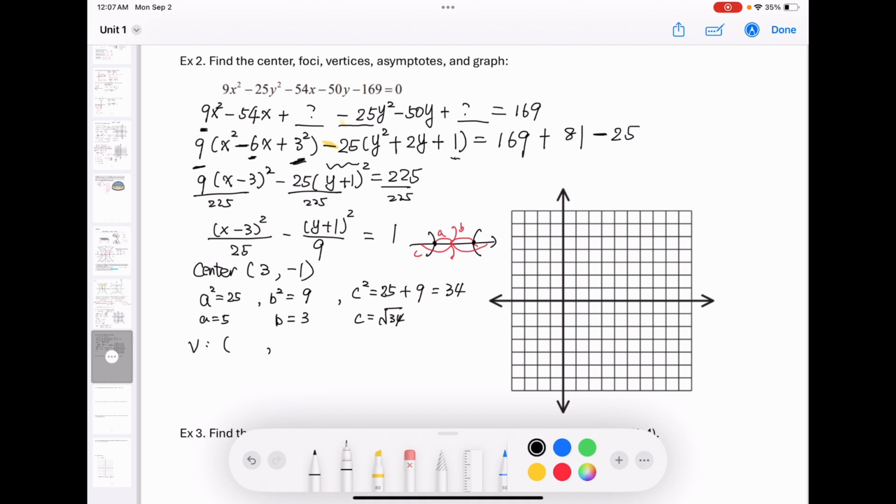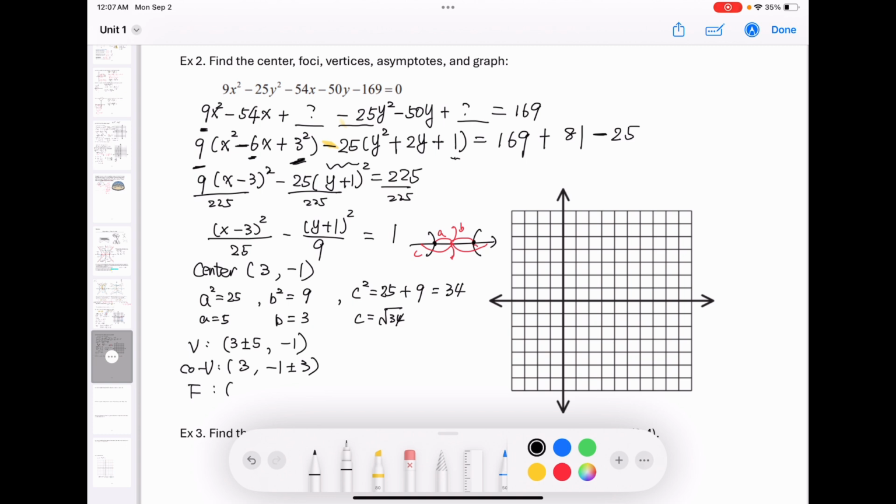So let's copy the y value and the 3 plus or minus a. So we found our vertices. And how about the co-vertices? Co-vertices go up and down. They have the same x value as my center. Let's put the 3 here. And then based on the negative 1, we plus or minus b, which is 3. And how about the foci?